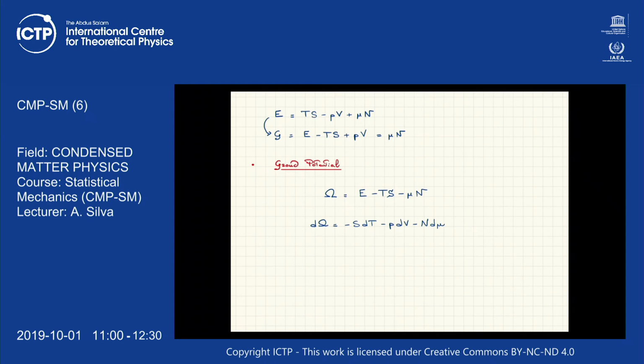Now, there is one important thing to notice. You get all the standard relations, so you get that your entropy is equal to minus d omega/dT, your pressure is equal to minus d omega/dV, and your number of particles is equal to minus d omega/d mu.